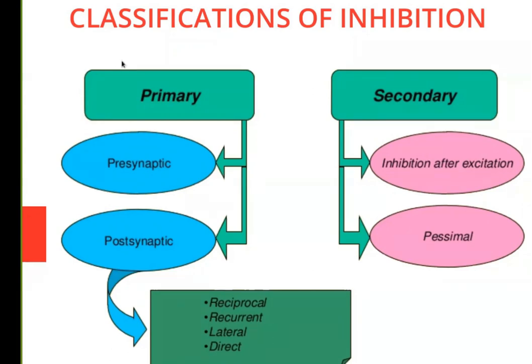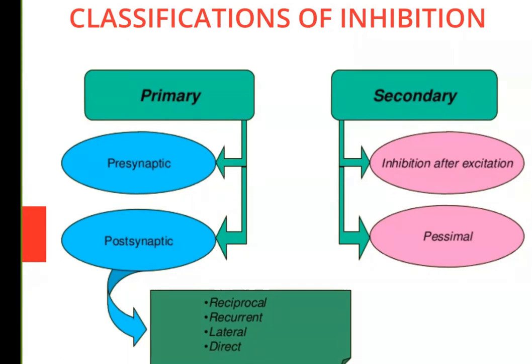But in some cases, neurons have no specific structure, specific components, specific neurotransmitters for inhibition, but only the type of signals or frequency of signals may lead to inhibition.